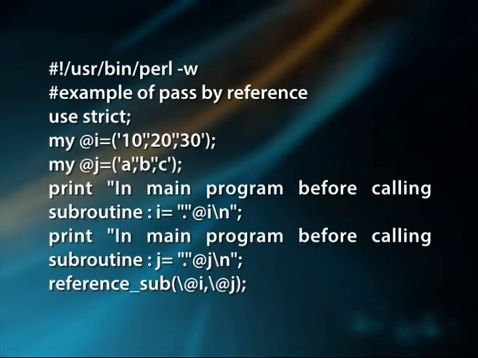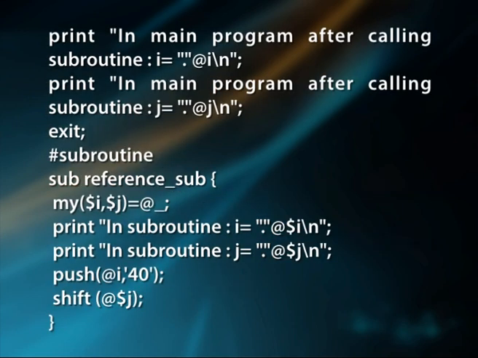#!/usr/bin/perl. Example of pass by reference. use strict; my @i = (10, 20, 30); my @j = ('A', 'B', 'C'); print "In main program before calling subroutine i equals @i\n"; print "In main program before calling subroutine j equals @j\n"; referencesub(\@i, \@j); print "In main program after calling subroutine i equals @i\n"; print "In main program after calling subroutine j equals @j\n"; exit.